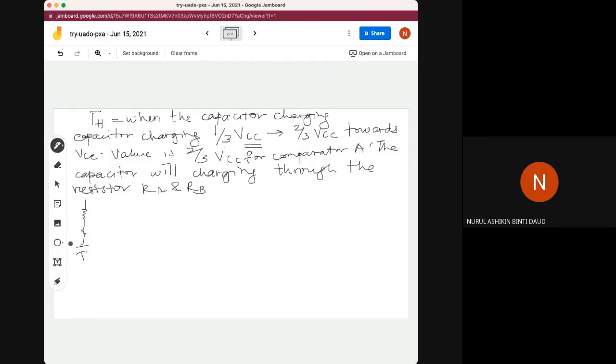So the capacitor will charge by passing through the resistors RA and RB. So how to calculate the TH value?